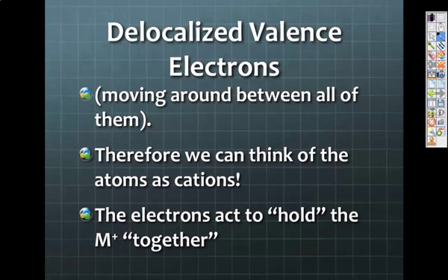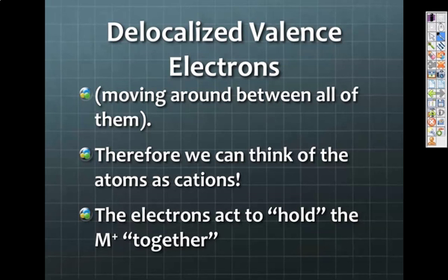So we can think of all of the metals that are involved here as cations because those electrons are moving in between them. We don't have those valence electrons actually as part of the atoms anymore. And those electrons that are moving around kind of act as the glue that holds the cations together.